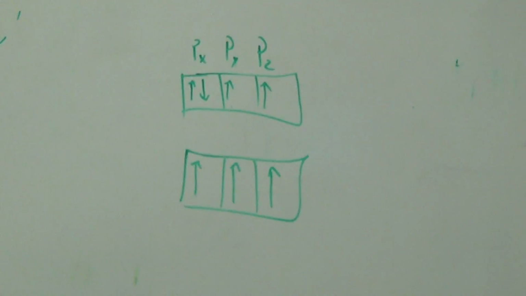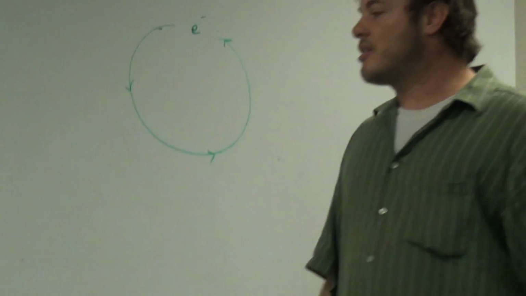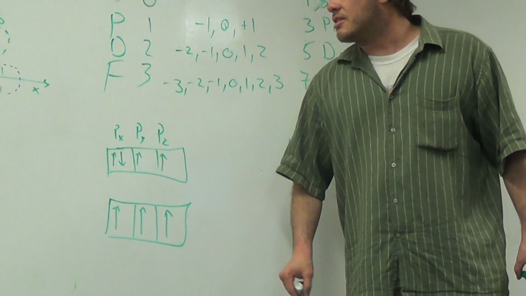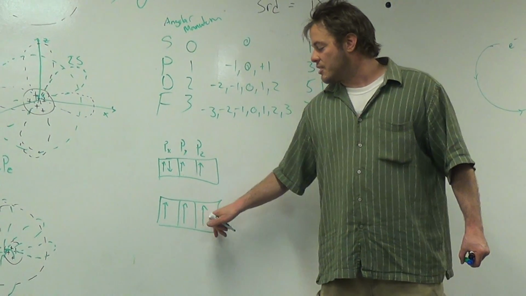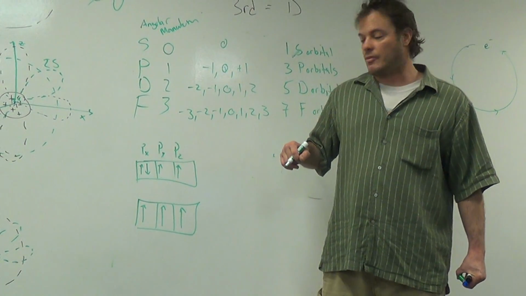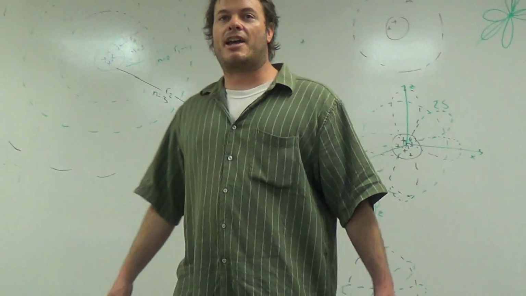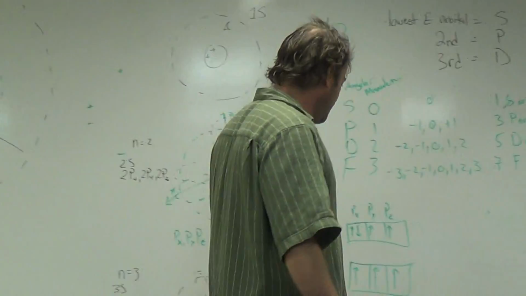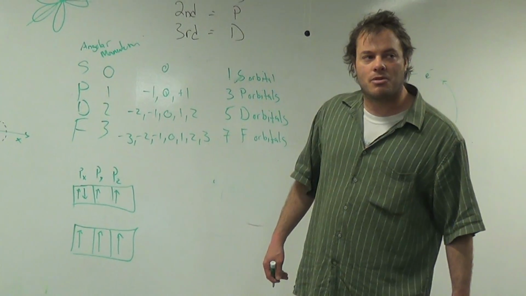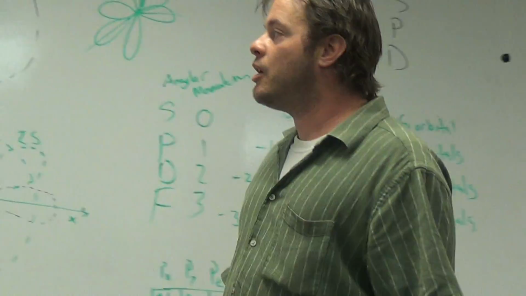It turns out that when you're running calculations on the absolute energies of these molecules, the lowest energy state is found when all of the electrons in degenerate orbitals have the same spin orientation. I'm not going to try to argue for that calculation right now, or maybe even next year, but just take my word for it. The lowest energy state is when all of those spins have the same orientation.